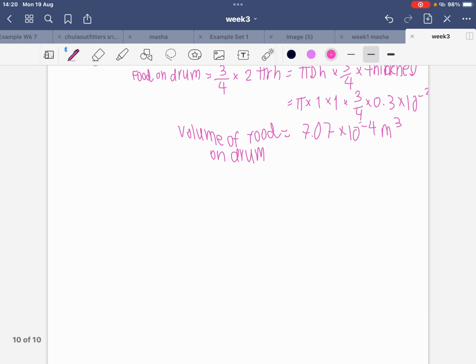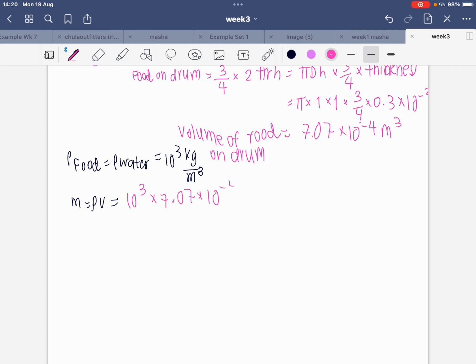Okay, then density of food, density of water, so it's 10 times 3 times 7 power 3 times 7, or 7 times 10 to the minus 4 is 0.71 kilogram.